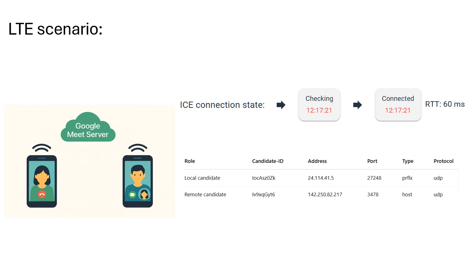The local candidate is a peer reflexive UDP address, and this address is for maybe the NAT, and this address is for the remote.